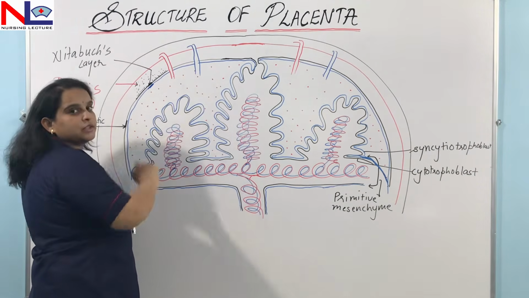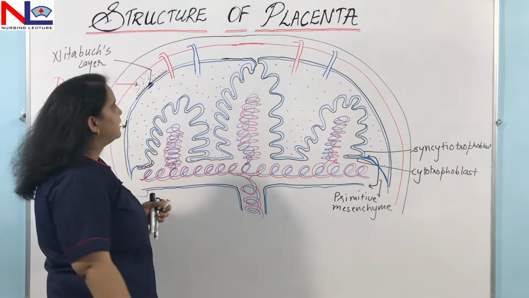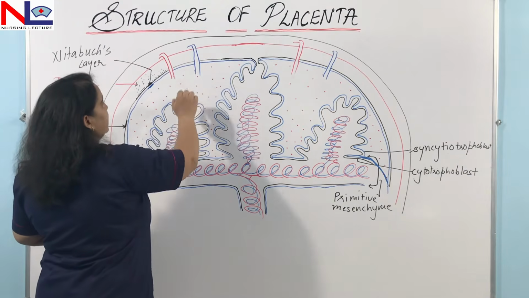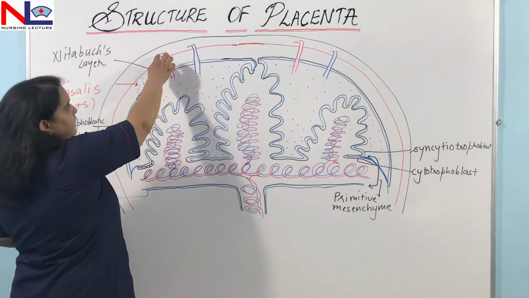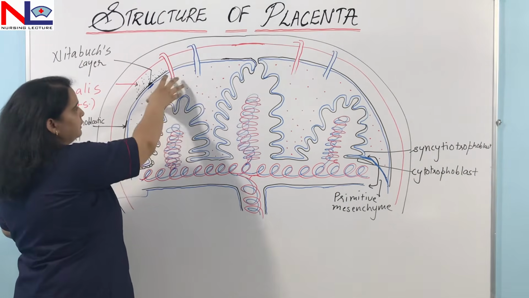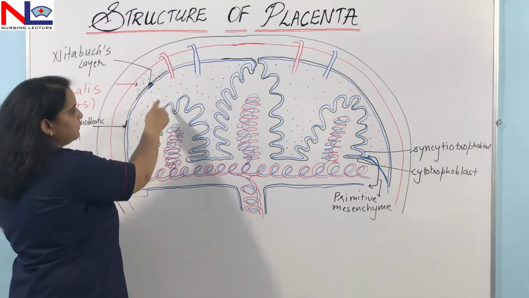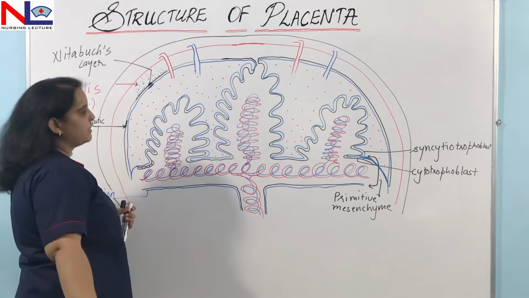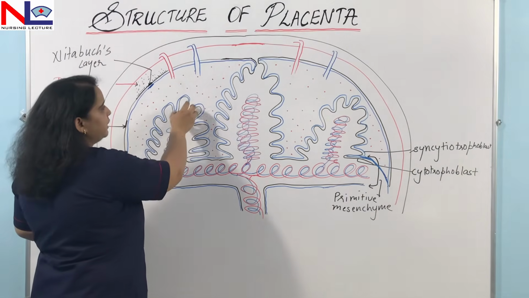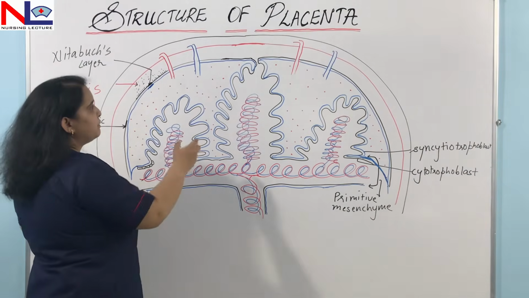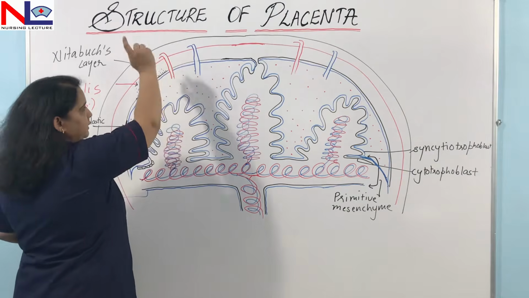So these are the branches of uterine vessels which are eroded by the syncytiotrophoblast layer, and finally they drain blood into these intervillous spaces, and through the arteries they carry oxygen as well as nutrients for the fetus to receive by this villus system, and the waste coming through these vessels is easily diffused into these intervillous spaces, and then it is drained into these veins.